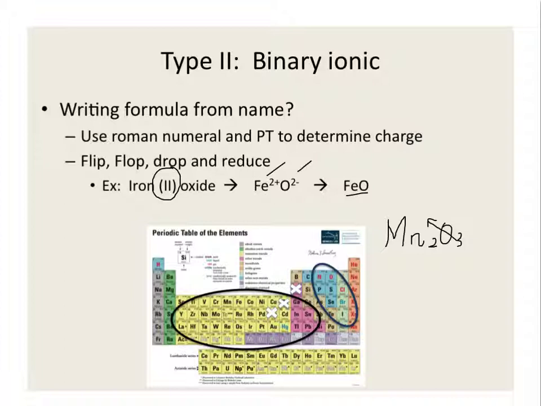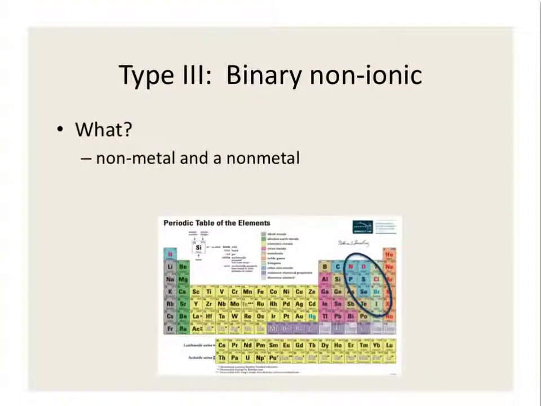That 3 is going to come up here. That 2 is going to come up there. And then I'm going to say that this would have been 3 plus. This would have been a 2 minus. So this is going to be called manganese 3 oxide.